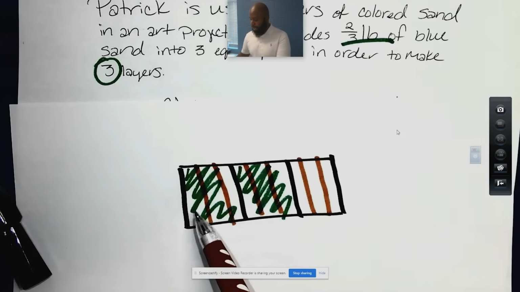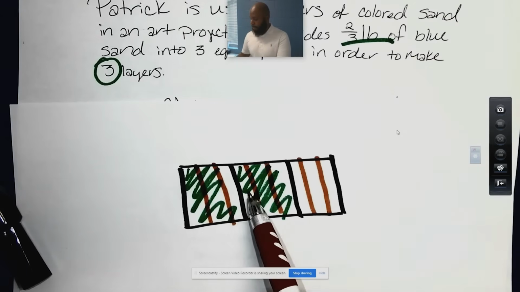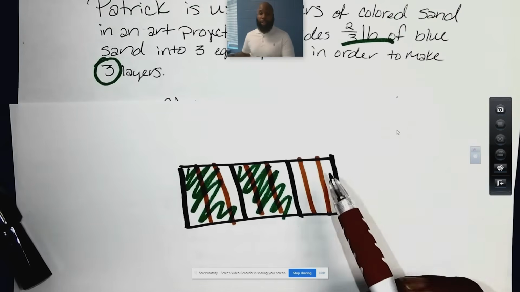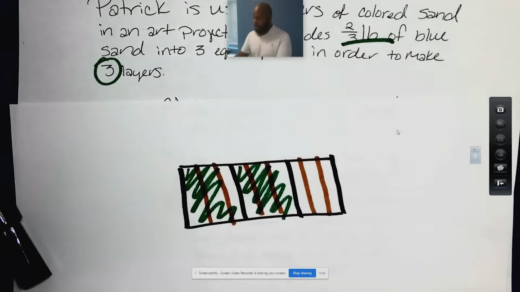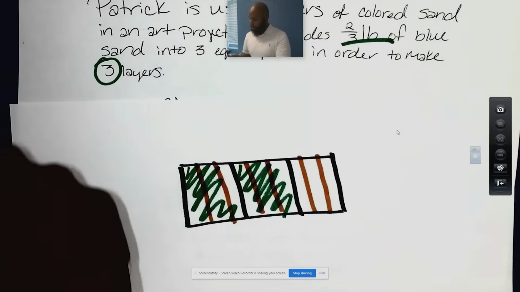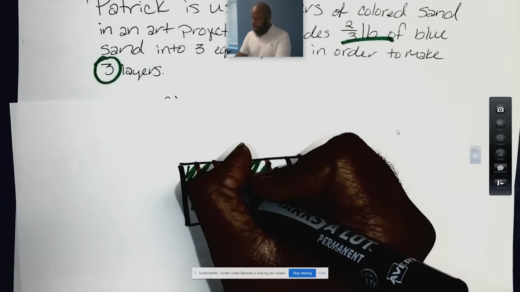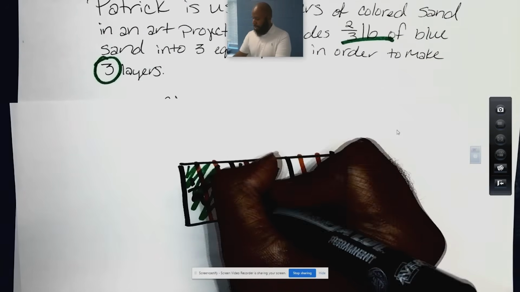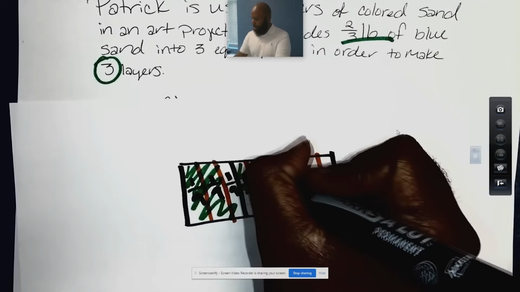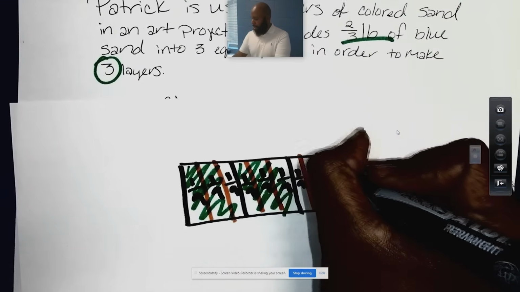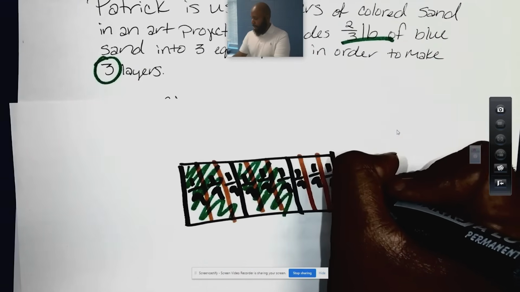So let's check it. 1, 2, 3, 4, 5, 6, 7, 8, 9 parts. So each of these should be labeled 1/9. So this is a ninth, a ninth, and so on.